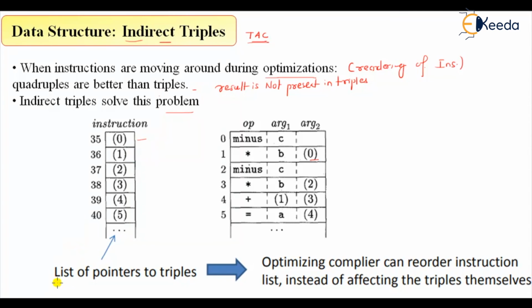So this is a list of pointers to the triples, and the optimizing compiler can reorder the instruction list instead of affecting the triples themselves. So an instruction may change its order. Now I am changing this order: 35, 36, 37, 38, 39, 40, and what we can do here is have an indirect reference to this instruction.